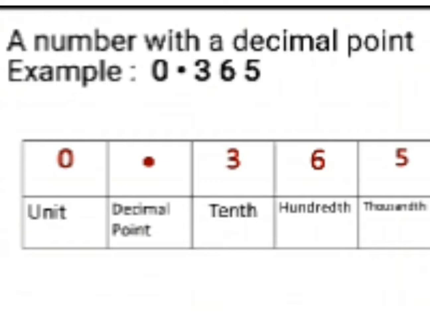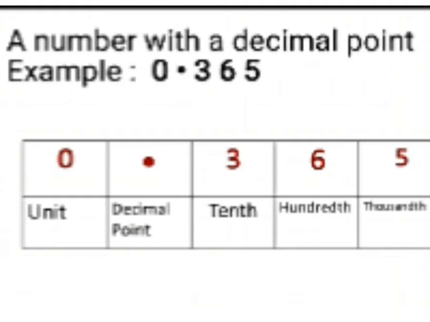On the decimal number, you were taught approximation. Approximation has to do with rounding off numbers. For example, 3 is the first place of decimal, 6 is the second place of decimal, while 5 is the third place of decimal.